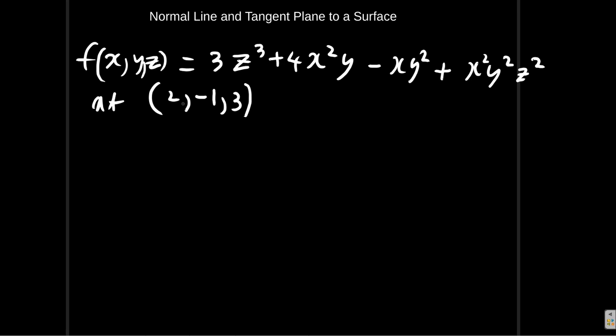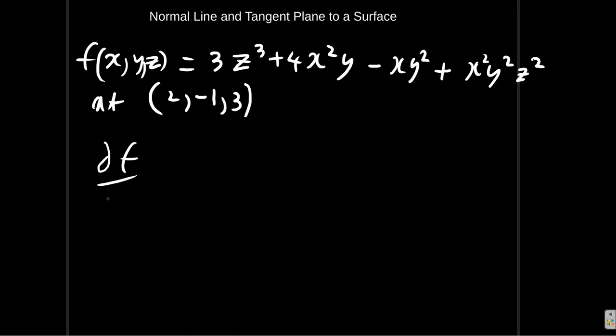Now, you remember that the general equation for the tangent plane is, in this case, you have f of x, y, z. So the derivative of f. Let's first see how we can write it in another form and then convert it to that general form.